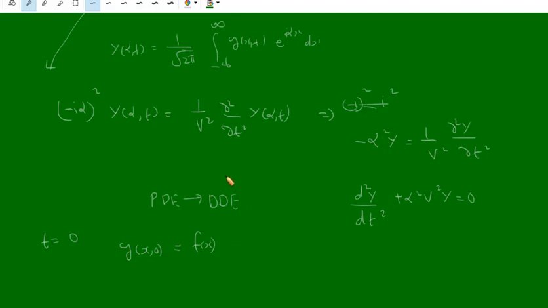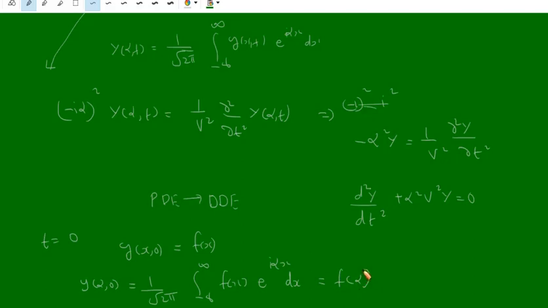So our above equation reduces to y of alpha,0 is equal to 1 by root 2 pi times the integral from minus infinity to infinity of y of x,0, that is f of x, times e raised to i alpha x dx, and this will be equal to f of alpha.